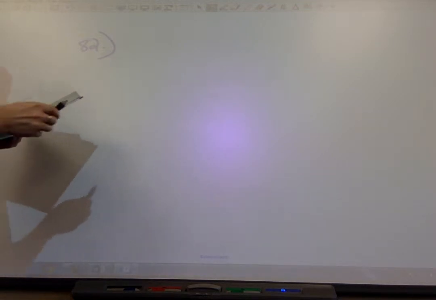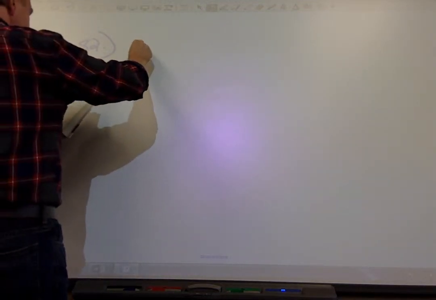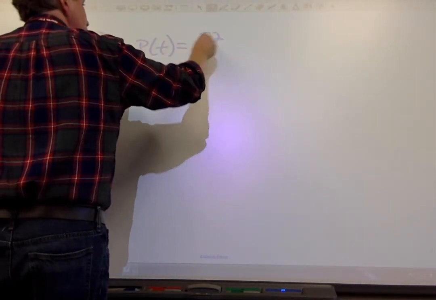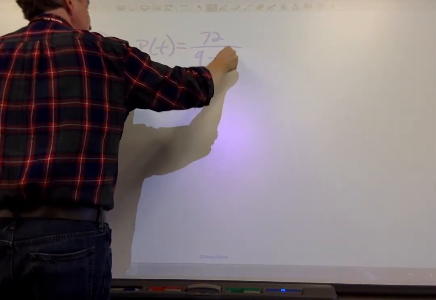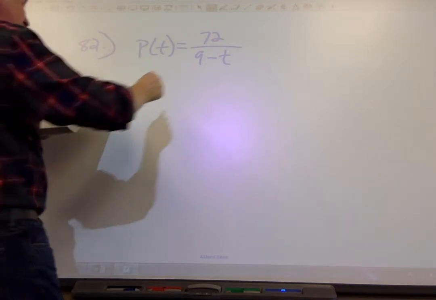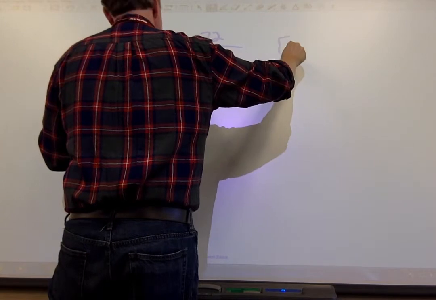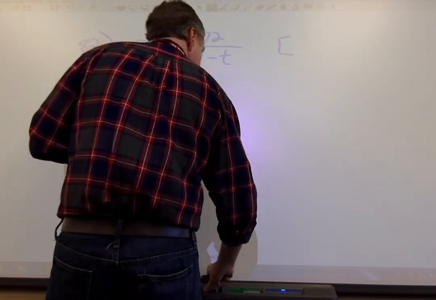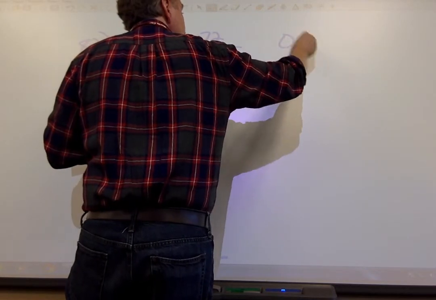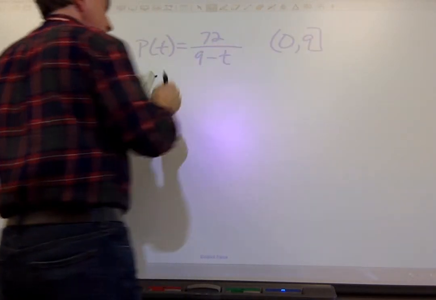82 says, population of a certain breed of rabbits introduced into an isolated island is given by P of t is 72 over 9 minus 2. T is in months. They say T is only good for the interval 0 to 9 months.